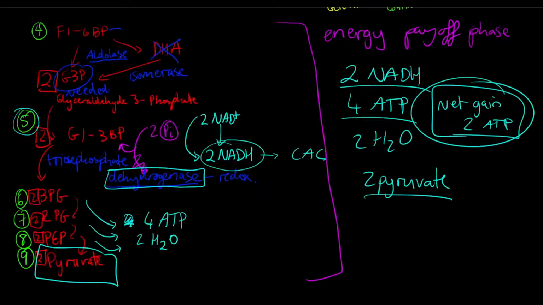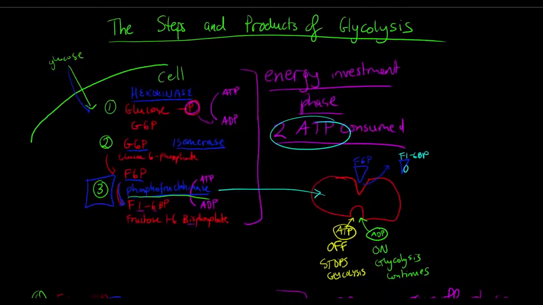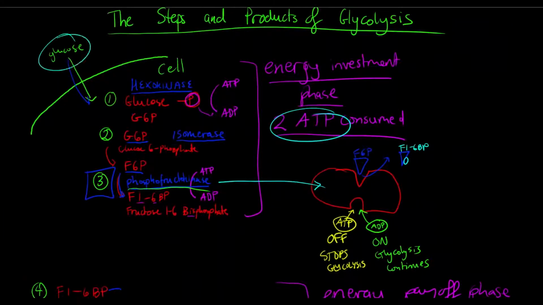This is a difficult process to grasp for lots of students. I would suggest drawing it out several times. Draw it out, try color coding somewhat like what I did to help you visualize it and help you memorize it. But again, don't focus on learning names like here. I just glanced through the material. You don't need to know those names, the enzymes that do them. You just need to know what goes in. So the glucose comes in.